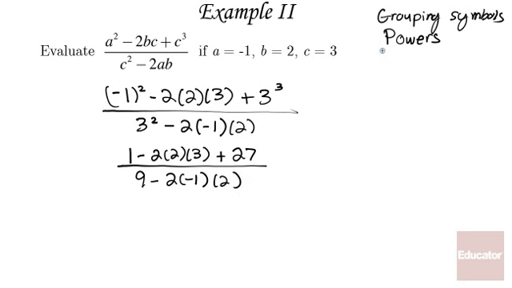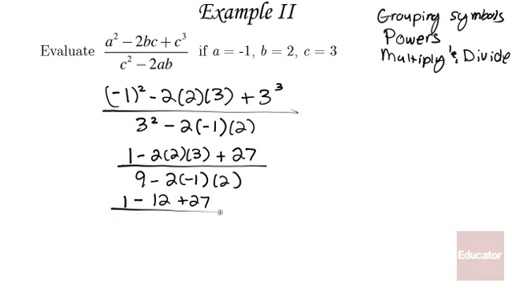My next step is going to be multiply and divide. Okay, so I have in the numerator 1 minus 2 times 2 is 4, and then 4 times 3 is 12, plus 27. So that took care of that step.